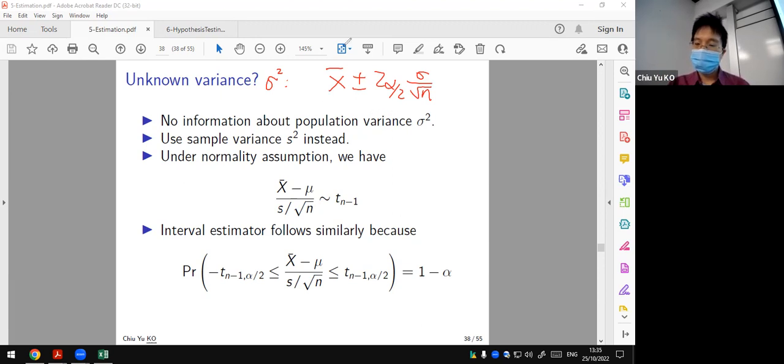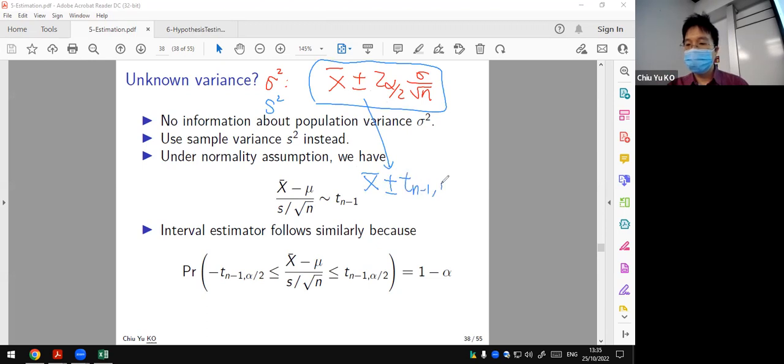Okay. So if we don't know sigma, we use S squared. How can we do it? It's the same as what we talked about before class. It will be x bar plus minus t with n minus 1 degrees of freedom, alpha over 2, times S over root n.